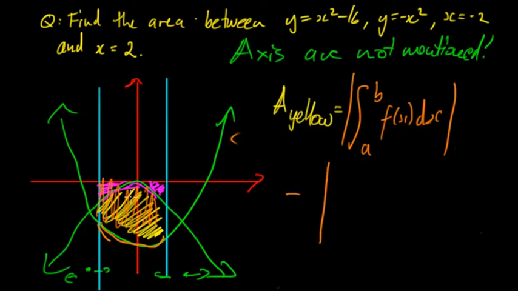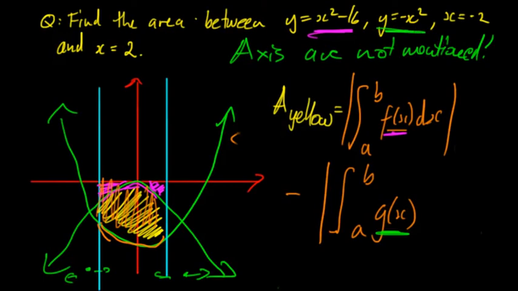So this minus is due to you wanting to get rid of this pink area, but you want to put the modulus there to make this pink area positive, of g(x) dx. So f(x) is referring to x squared minus 16, and then g(x) is in reference to y equals negative x squared, dx, close modulus. And b and a in this term are going to be 2 and negative 2.